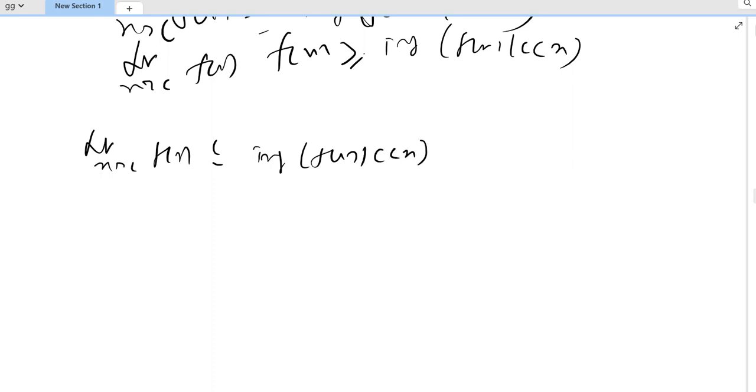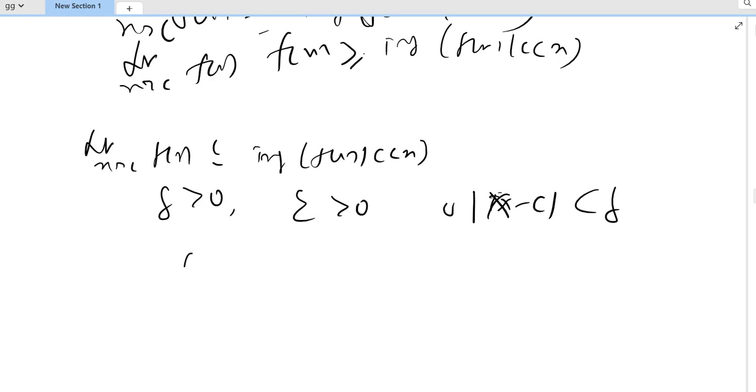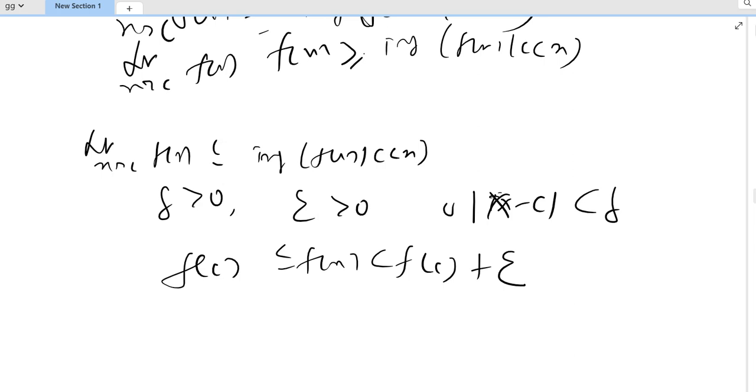So f(x) is monotonically increasing, and as a result of that, let sigma be greater than 0. So 0 less than mod of x minus c less than sigma. Then f(c) is less than or equal to f(x) less than f(c) plus sigma.